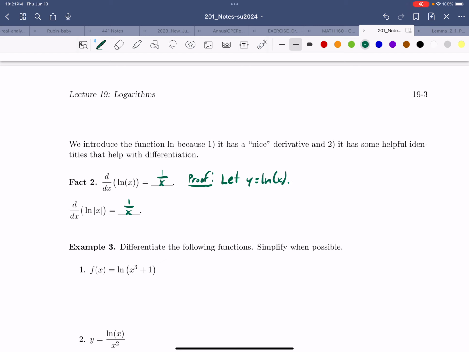Let y equals ln of x. Well, we don't know anything about y equals ln of x, so we apply e to both sides: e to the y equals e to the ln of x, which is x. So that means e to the y equals x. Now implicitly differentiate.